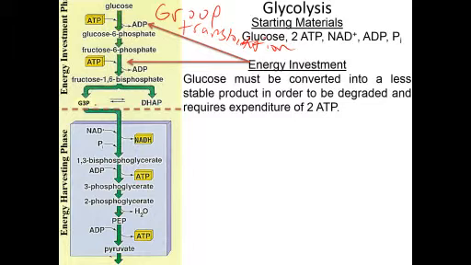So it's phosphorylated into glucose 6-phosphate. That's one ATP molecule you've used.